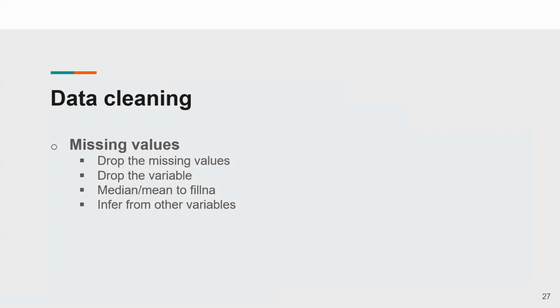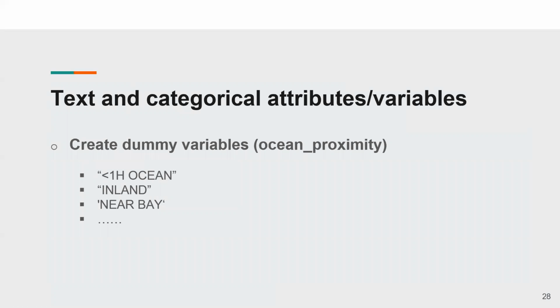You could also think about using the median or mean of that variable to fill those NAs. You could potentially infer from other variables as well if you know there's some other relationship which exists in the data. So that would be data cleaning for missing values.